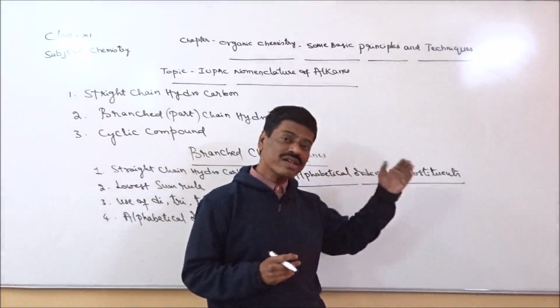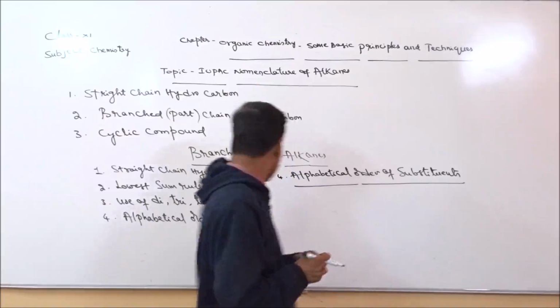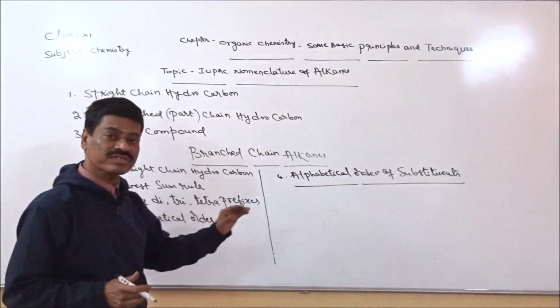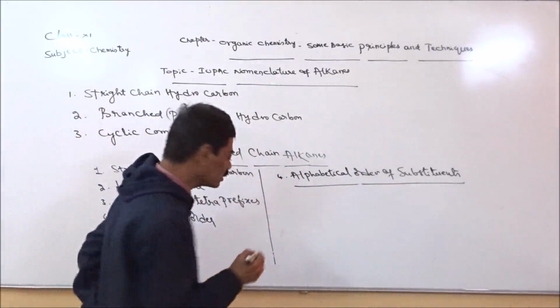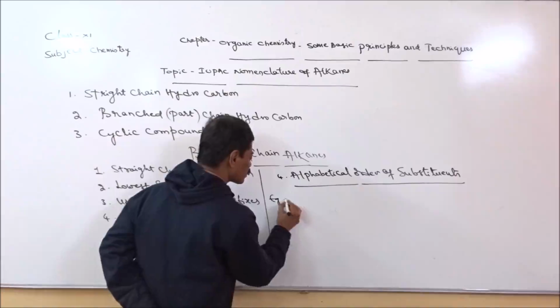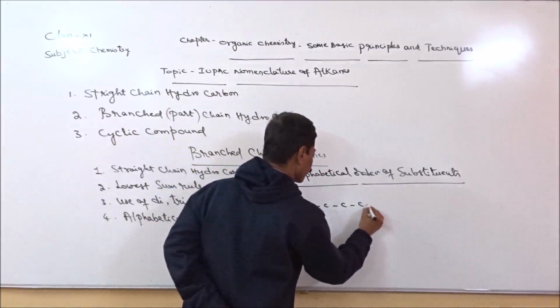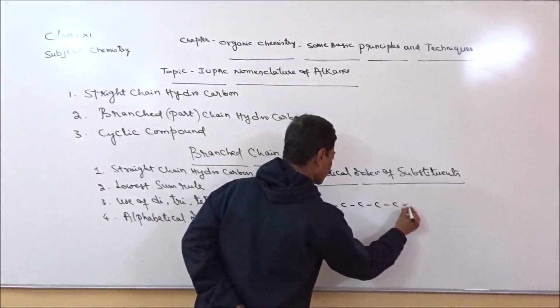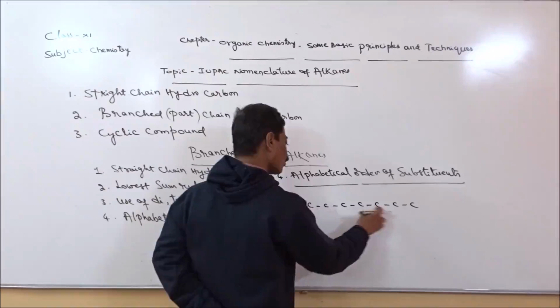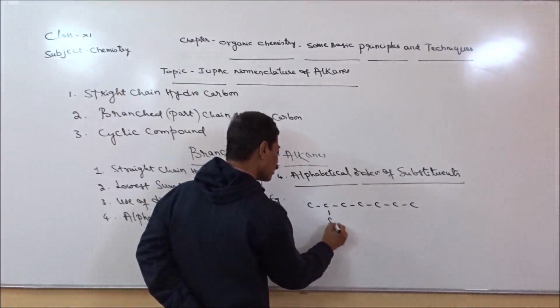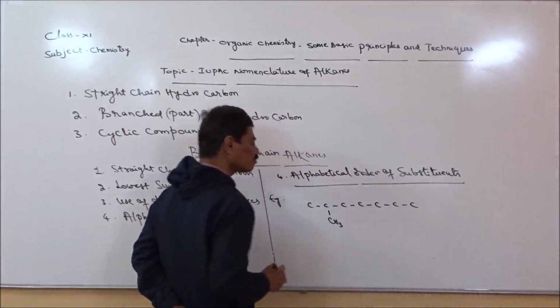The previous example, the second example of use of di, tri, tetra prefixes, you recall, that only I am going to write here. 3, 4, 5, 6, 7. To the second carbon atom, I am adding a methyl group.